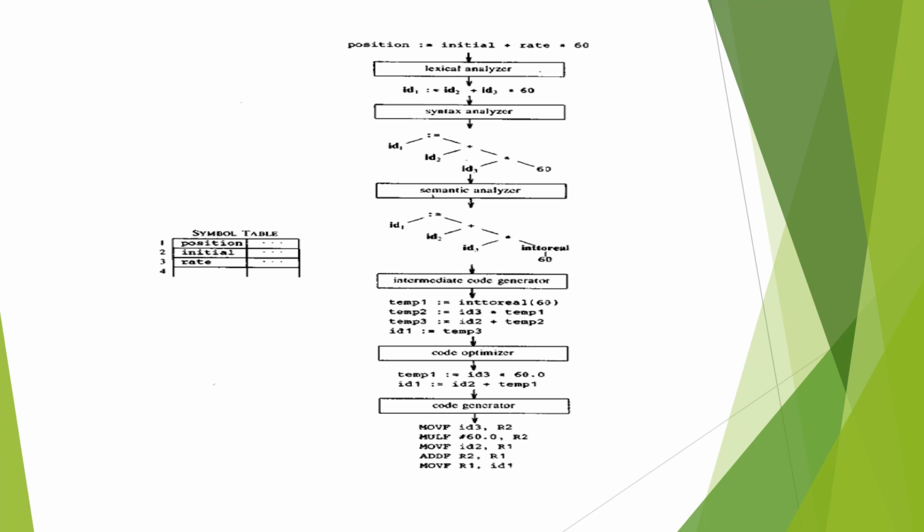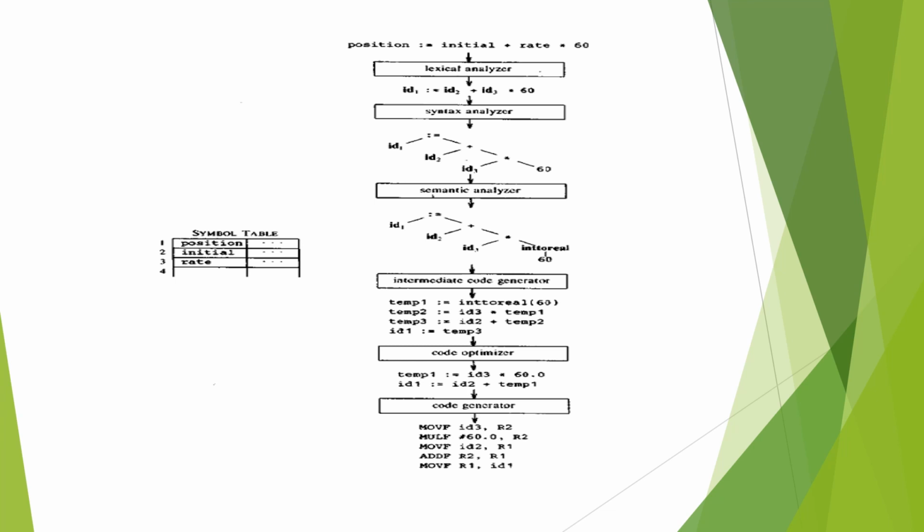The lexical analyzer converts it into, you can see, id1 is equal to id2 plus id3 star 60. It enters as input for the syntax analyzer. The syntax analyzer converts it into a parse tree. So it is splitting into a tree, then it enters the semantic analyzer.